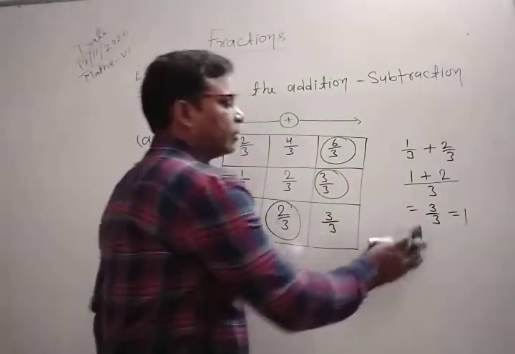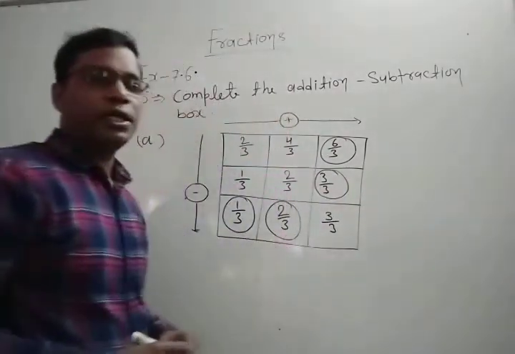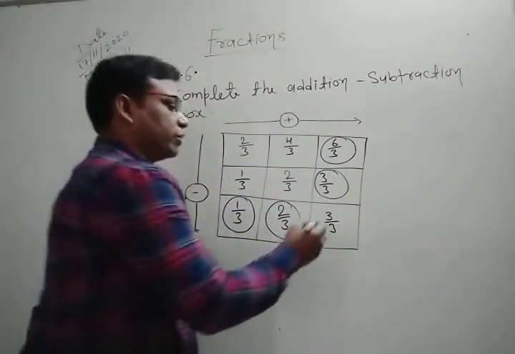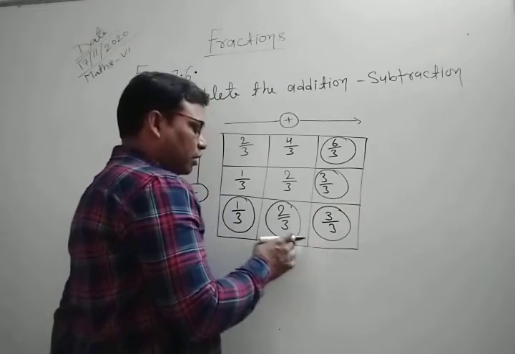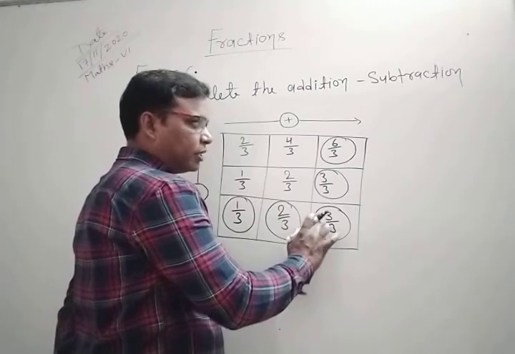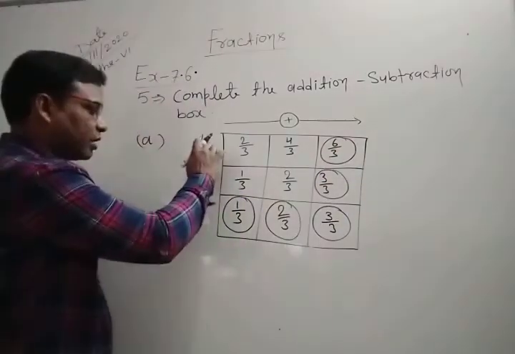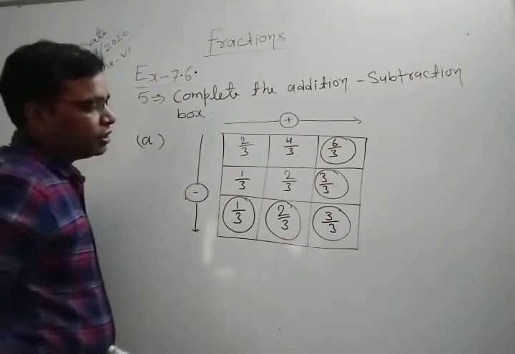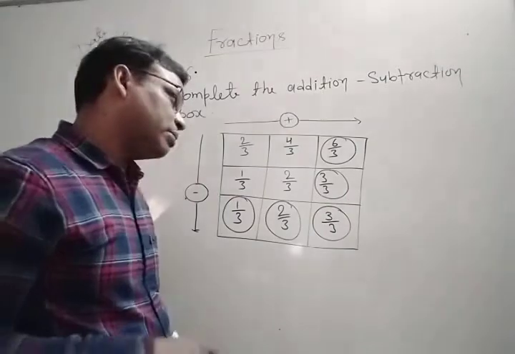Let's see whether the result will be the same or not. Here if we add 1 by 3 and 2 by 3, we obtain 3 by 3. When you subtract, if you follow these arrows, we subtract 6 by 3 minus 3 by 3, then we also obtain 3 by 3.